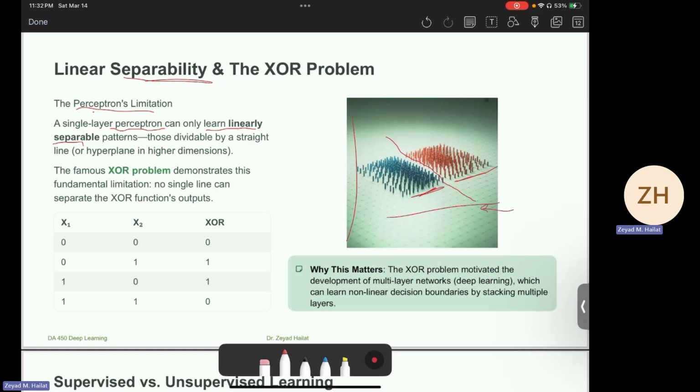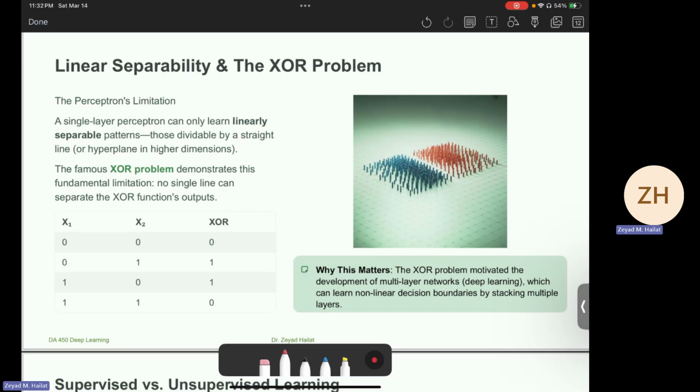And remember that in the introduction, we talked about relationships much more complicated than the simple linear separation. Single layer perceptrons are just learning this linear separation, dividable by a straight line. And a straight line is just in 2D, similar to this one. But if we have higher dimensionality, we are talking about a hyperplane.